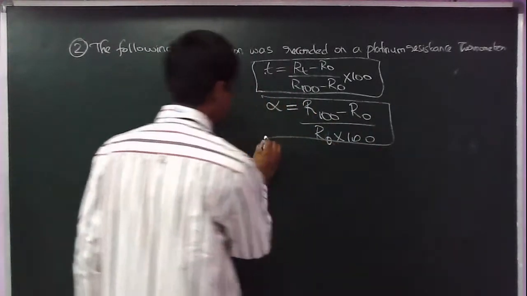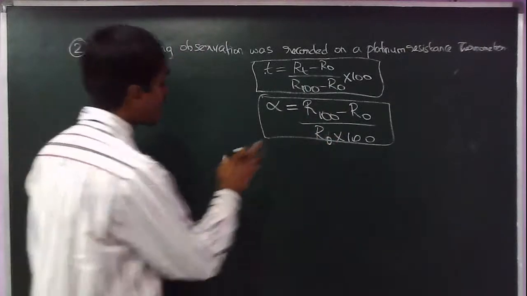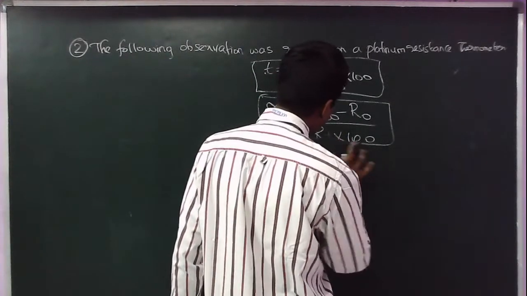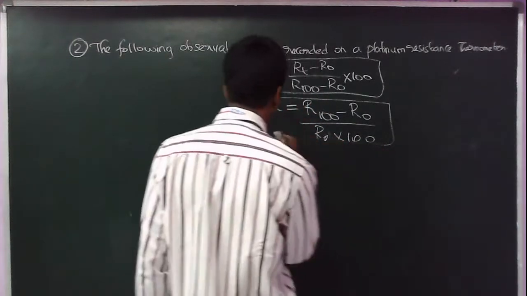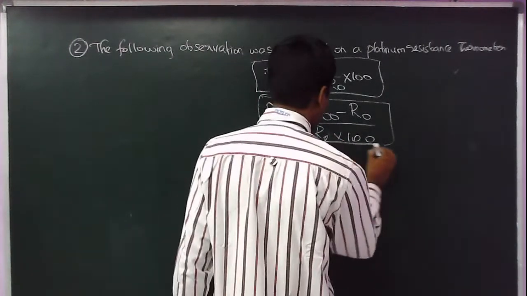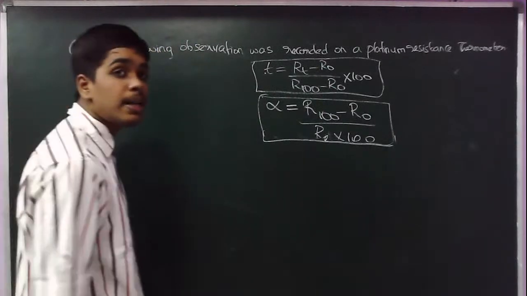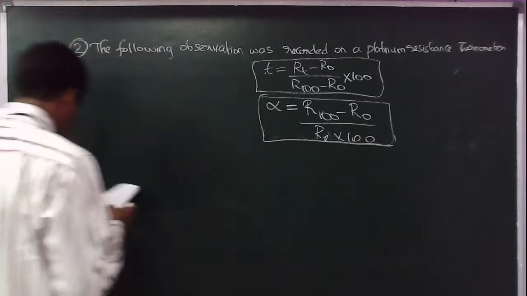It is the temperature coefficient. Why have I not said this one? Because you will read it in a problem like this one. Okay. Now let's discuss the remaining part of the problem.